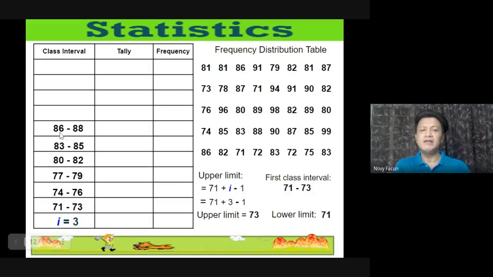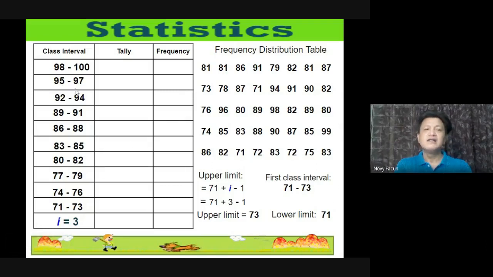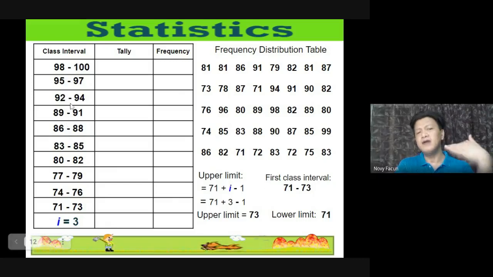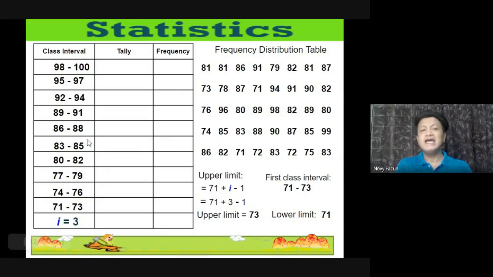Then another plus 3, 86 to 88 until you reach the highest upper limit, yung tinatawag natin, 100 yon. Okay, kasi nga, kung mapapansin mo, ito ay 10 desired class interval. Kaya dapat makikita mo yon. And then, after you write the class interval, pwede na natin itali.